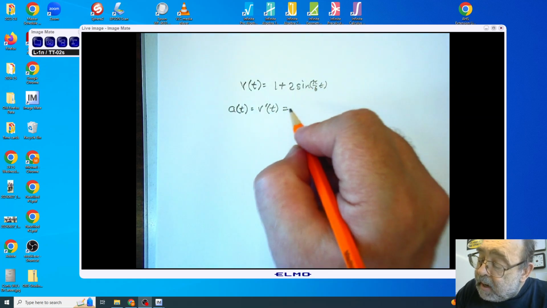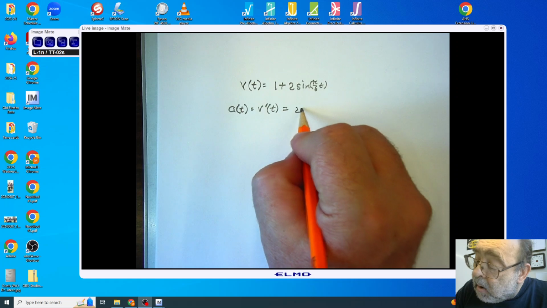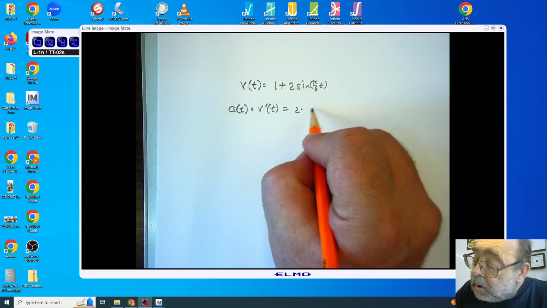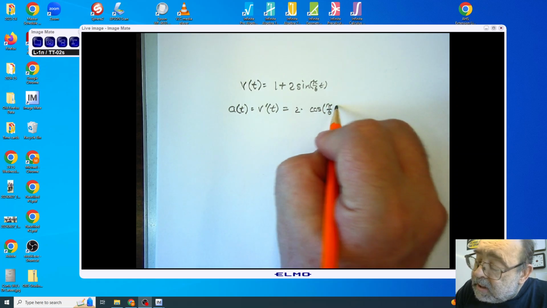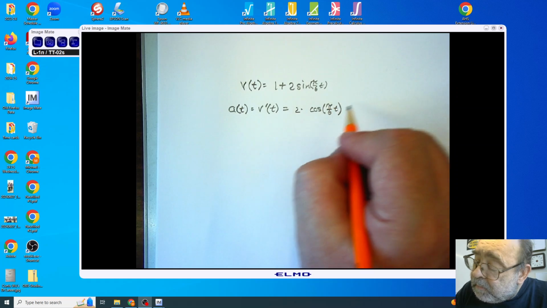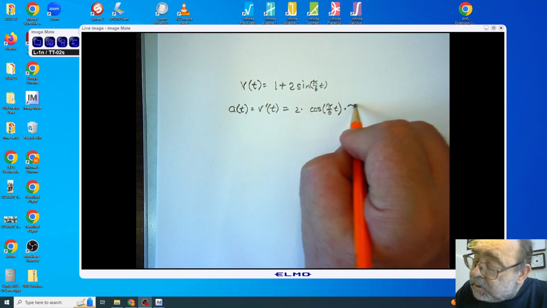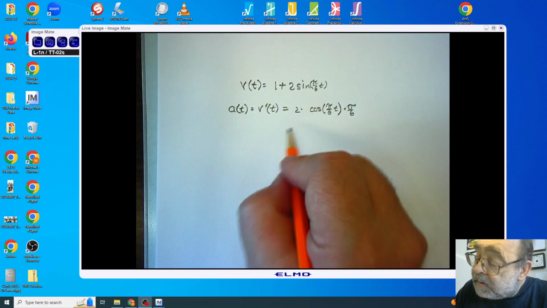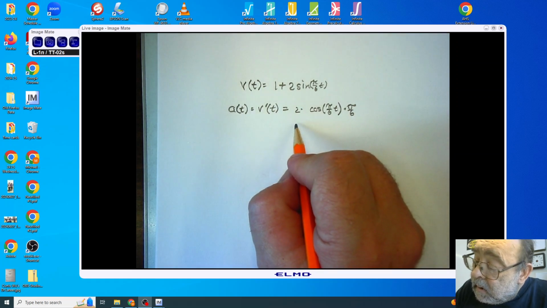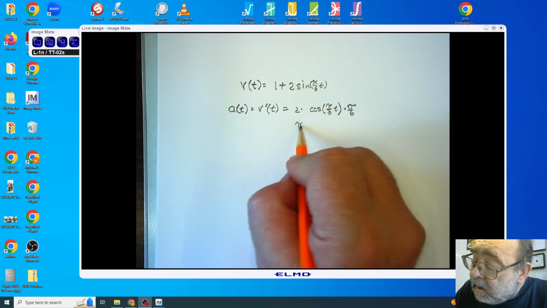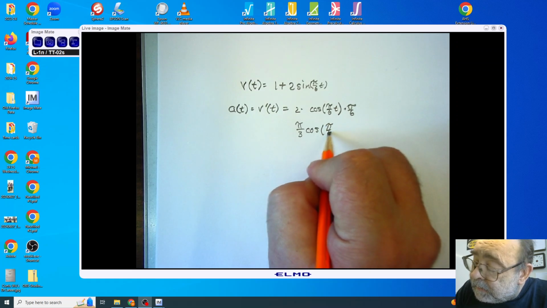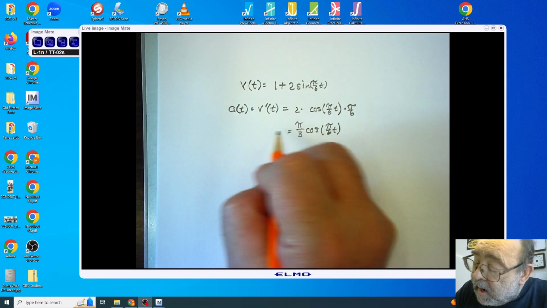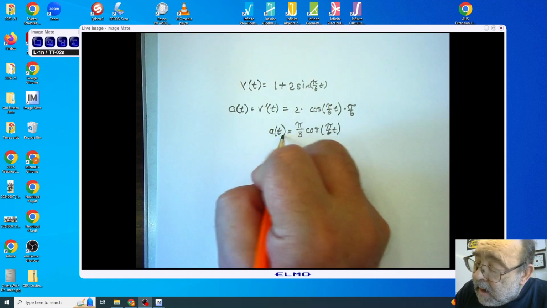And this will give me 2 times, and now I'm going to use the chain rule, cosine of pi over 6t times the derivative of pi over 6t, which is pi over 6. Simplifying that gives me pi over 3 cosine of pi over 6t. There is my acceleration formula, a of t.